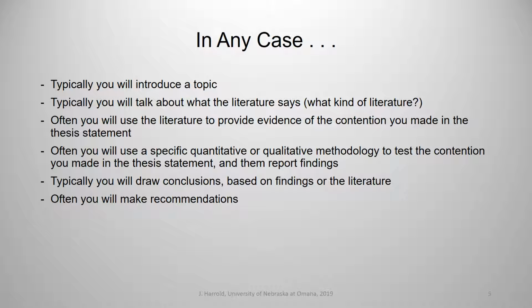And there's another module where we talk about the differences in the kinds of literature and the kinds of sources. Often you're going to use that literature and sources to provide some evidence of the contention that you made in the thesis statement. So that is, you make some argument about a topic in your thesis statement, and the literature is going to help you to discuss one or more sides of the arguments about your contention.